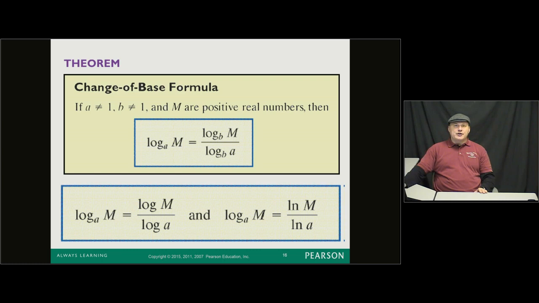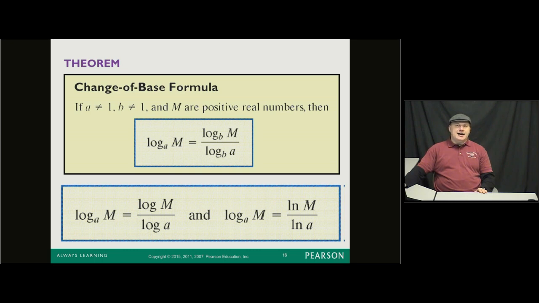All right, so the log base A of m equals the log of m divided by the log of A. You're like, well, what's the difference here? Notice there is no base down there. It's a common log. These two are just specific examples. Remember base B on the original formula: as long as it's not equal to 1, you can use it. But on these bottom two, they're changing it to a specific base. Why would they do that?